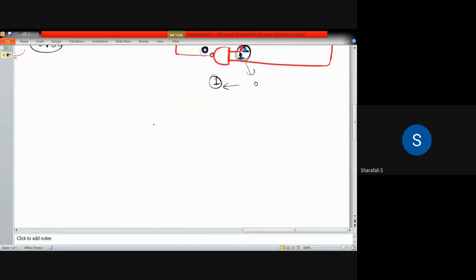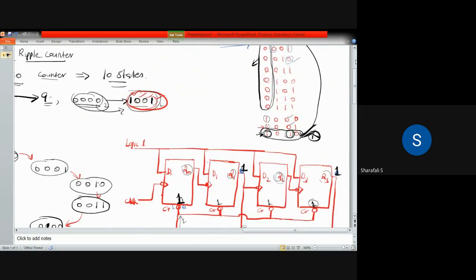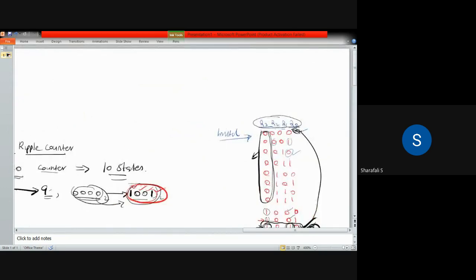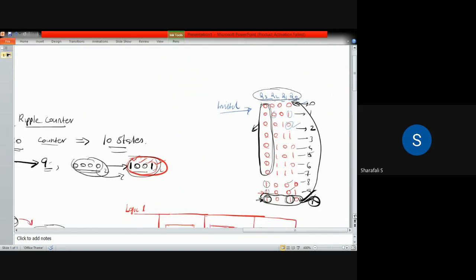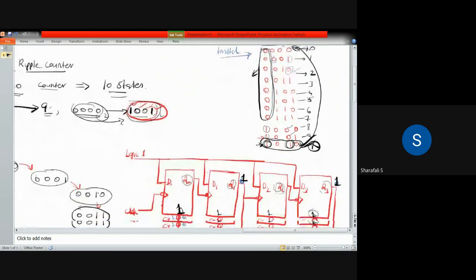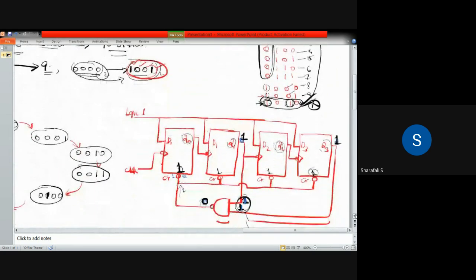And if you consider the decimal equivalents, I hope you know these values. This is 0, this is 1, this is 2, 3, 4, 5, 6, 7, 8, 9, up to 9. And this decade counter we use even in the case of the 7-segment display.